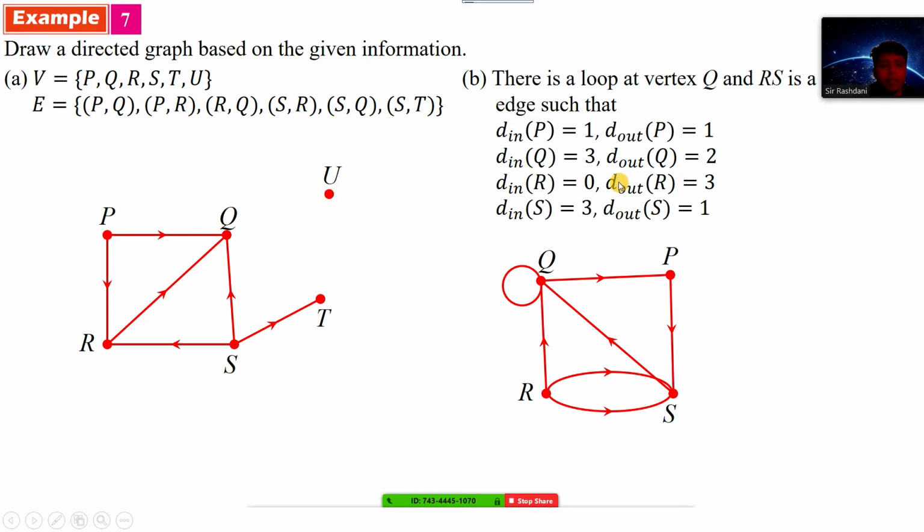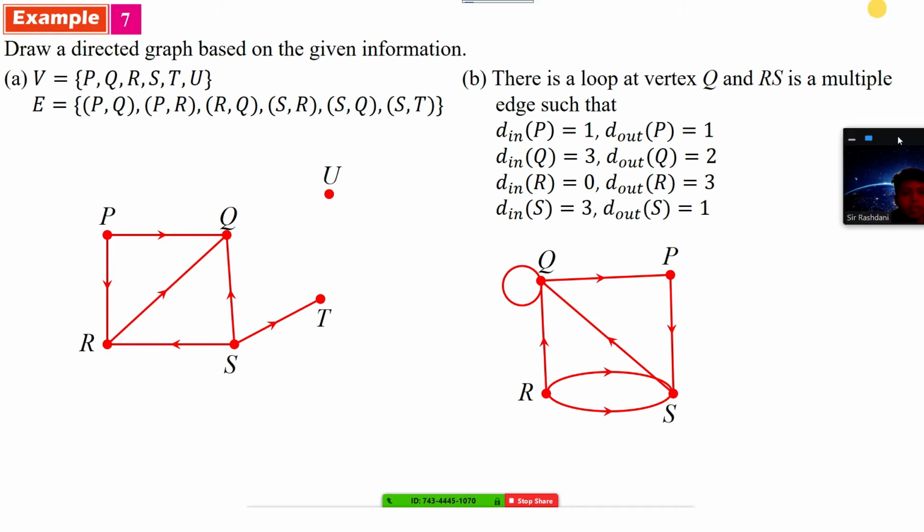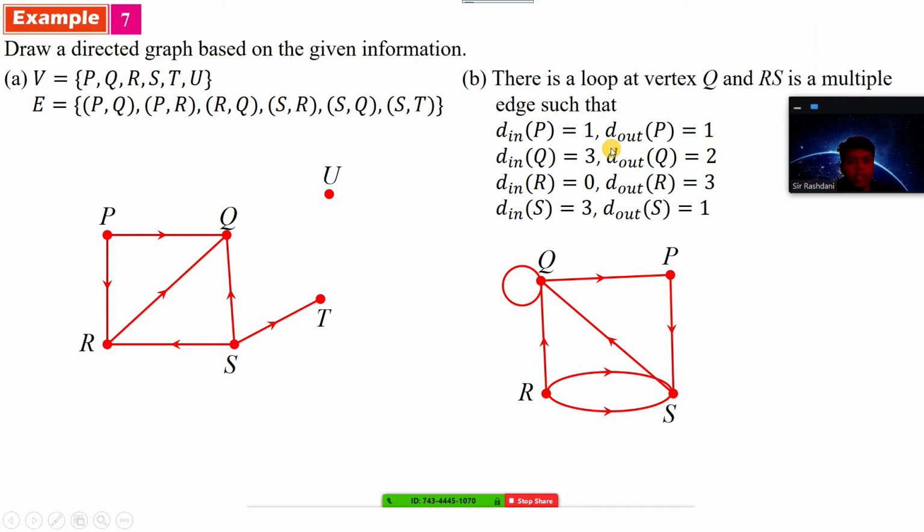Okay, for question B, there is a loop at vertex Q and RS is a multiple edge, such that in of P is 1, out of P is 1, in of Q is 3, out of Q is 2, in of R is 0, out of R is 3, in of S is 3, out of S is 1.